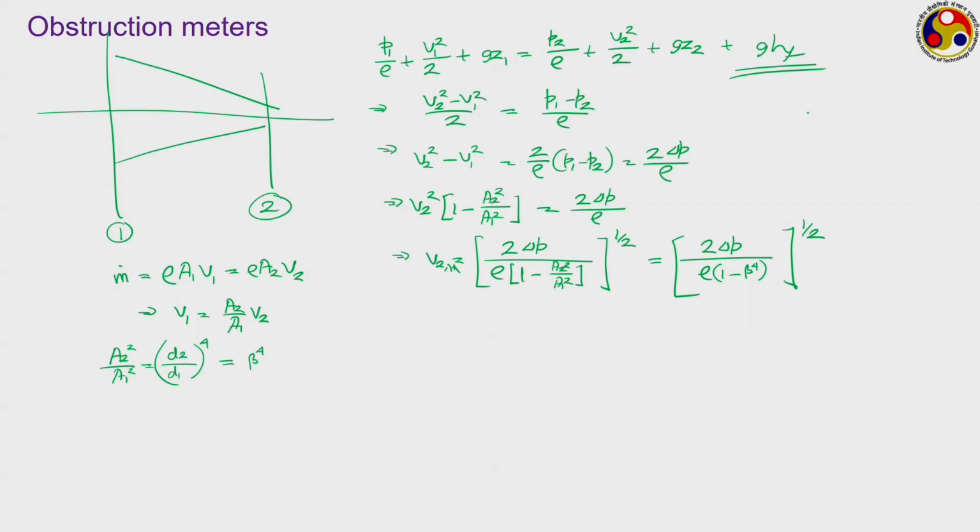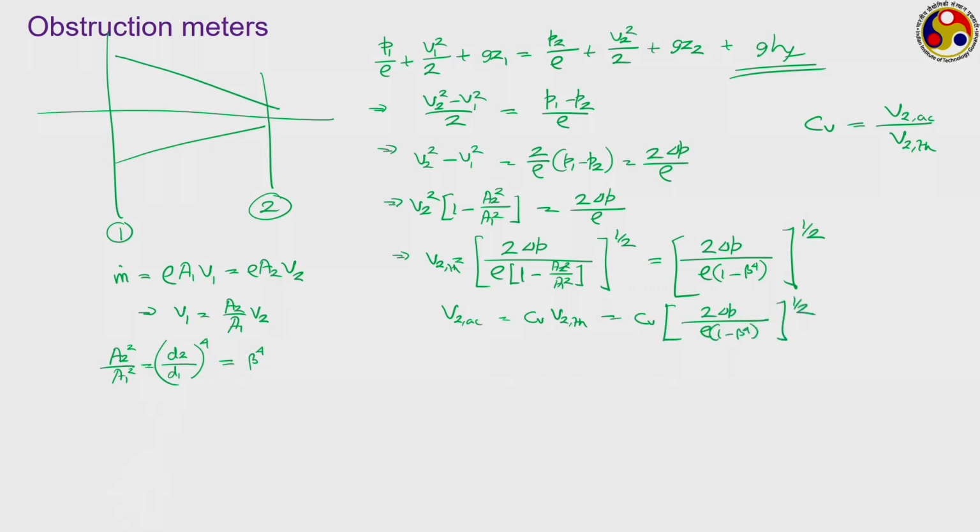For that we define a coefficient CV called the coefficient of velocity, defined as V2 actual by V2 theoretical. So, V2 actual will be CV times V2 theoretical, that is CV times the expression which we have just derived.